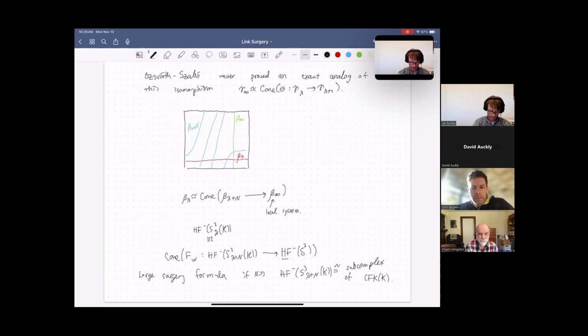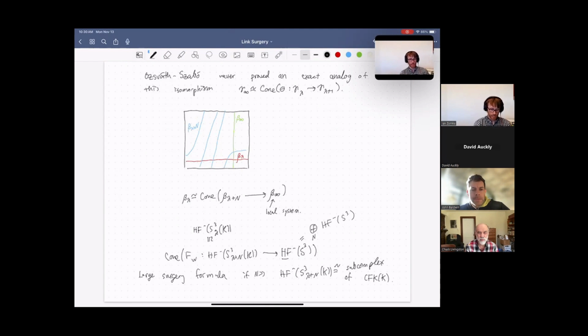And this is a direct sum of not infinitely many copies of HF minus of S3, but I think n copies of it. So it's an approximation. It's not actually equal to the mapping cone formula.